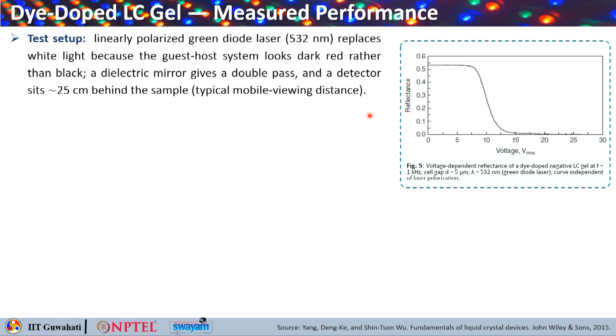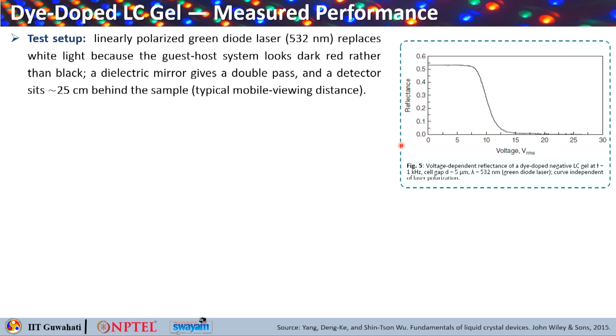You are using a green diode laser at 532 nanometer instead of a broadband white light source. That is done because the gas torch system looks dark red rather than black, and a dielectric mirror gives a double pulse, and a detector is sitting roughly 25 centimeter behind the sample.